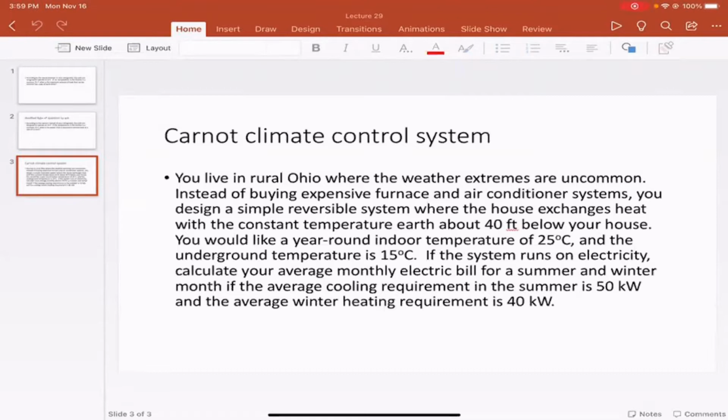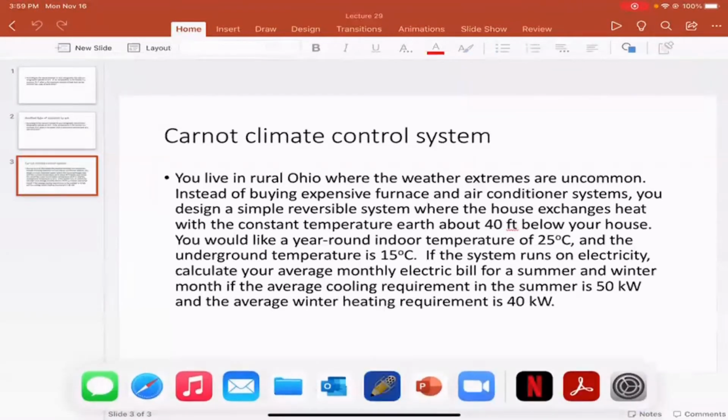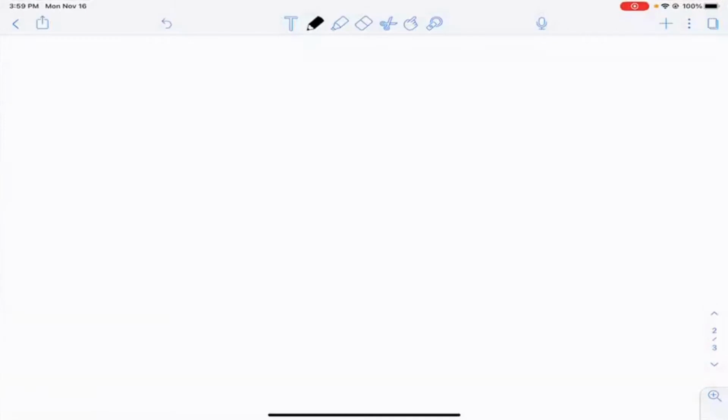Now, before I directly go about solving this problem, I want to bring in a little extra information that we probably need to start thinking about how to even look at this, because there, quite frankly, are two ways to run a Carnot heat pump. The first one is that you're going to use outdoor air as the other reservoir.